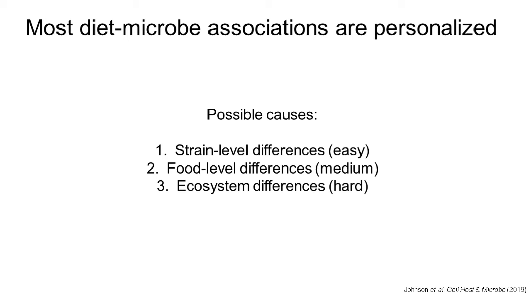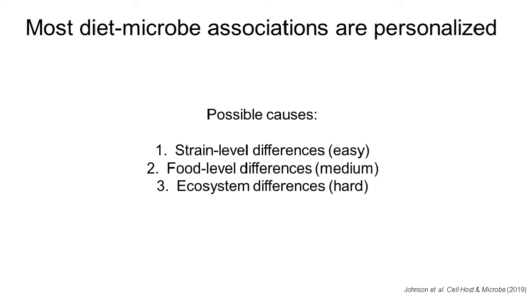So I call this medium because it is in theory tractable. We could have complete control over diet if we want to. It's just burdensome. So this is something we could study and measure.